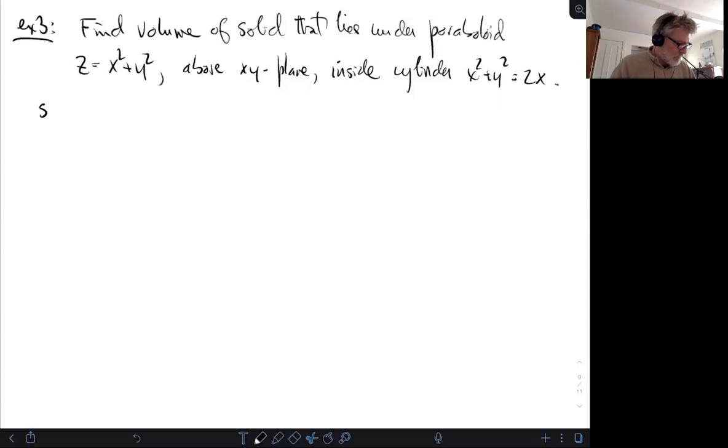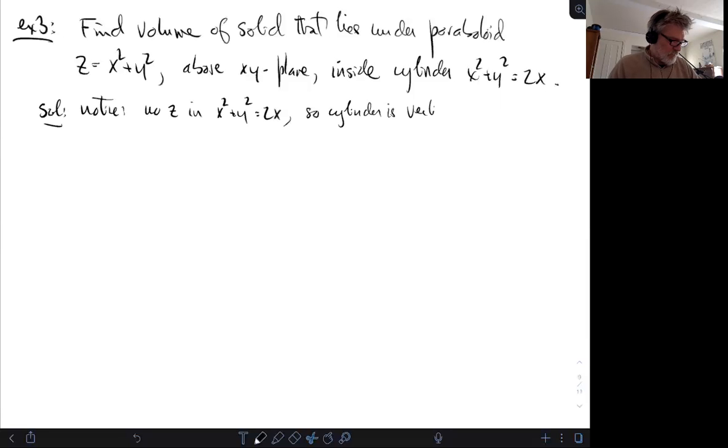So, no z in x squared plus y squared equals 2x. So the cylinder is vertical.